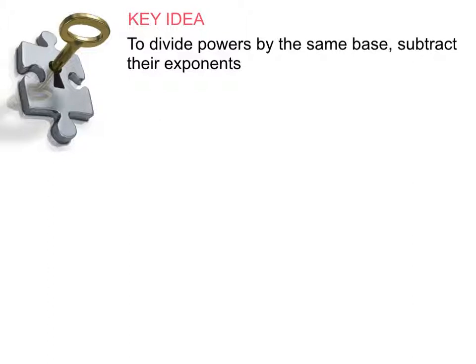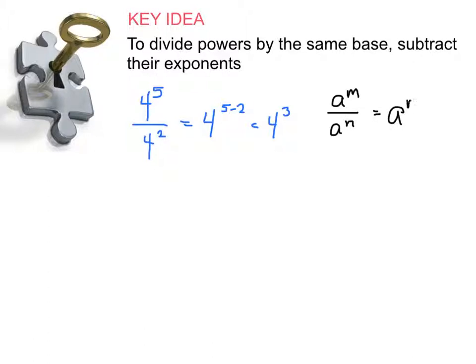So you're going to take, for example, in numbers, 4 to the 5th divided by 4 to the 2nd. You have the same base of 4. We subtract the powers, and that will give us 4 to the power of 3. In algebraic terms, it would be a to the m power divided by a to the n, and that would give me a to the m minus n power.